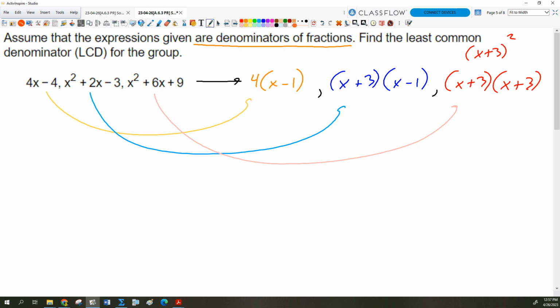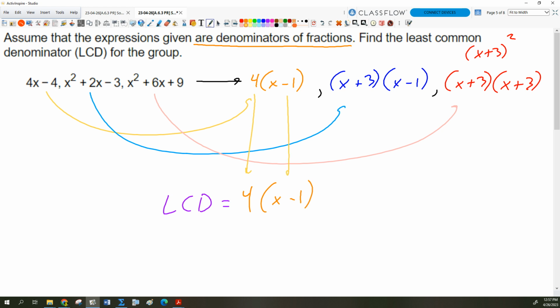Now look, we finally have a denominator with a factor that's being squared. So we have to pay attention to that when we make our least common denominator product. So let's do that. Okay, what goes in there first? Even before the x minus 1, 4. Okay, good. So we get 4 times x minus 1.